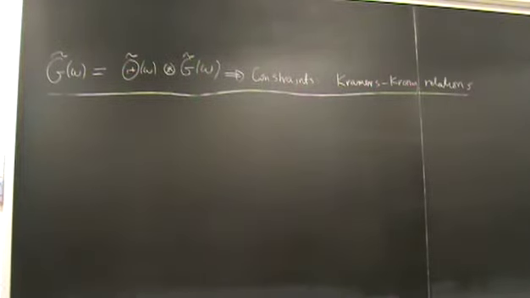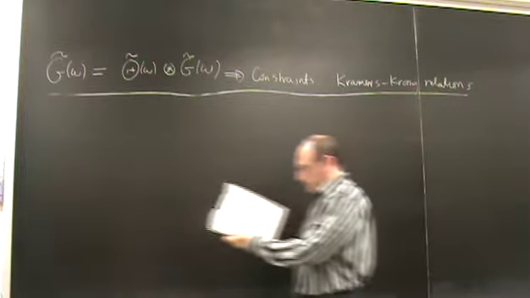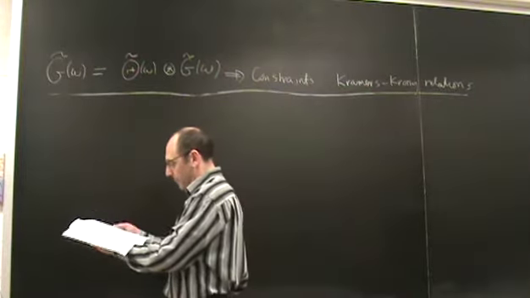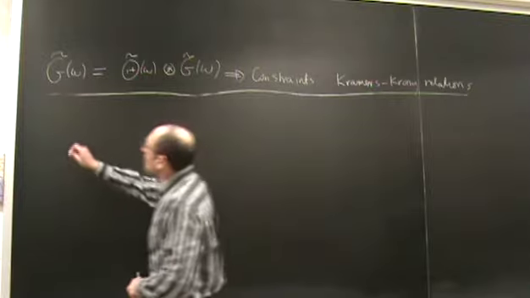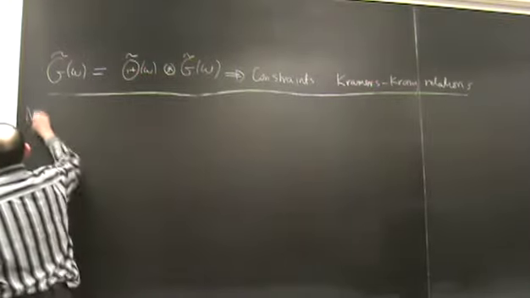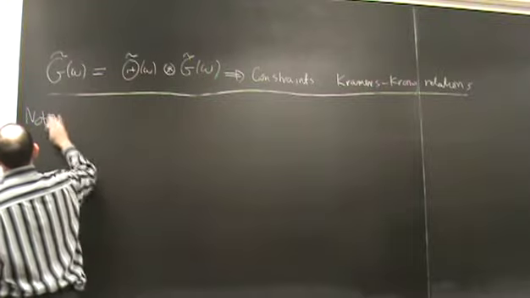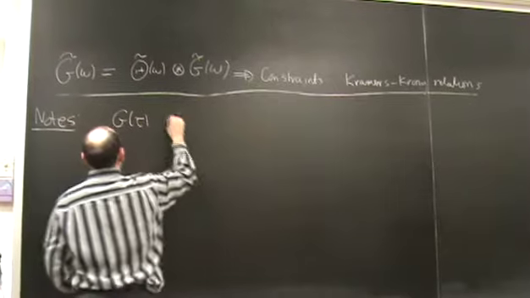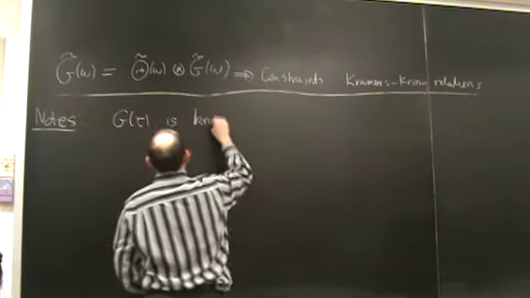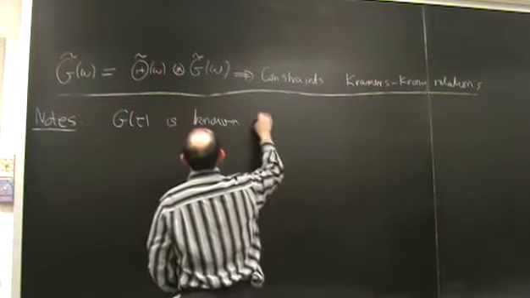All right, let me grab my notes here and use this now as our launching point to get some more intuition about what's going on. This G of t is known as the Green's function.